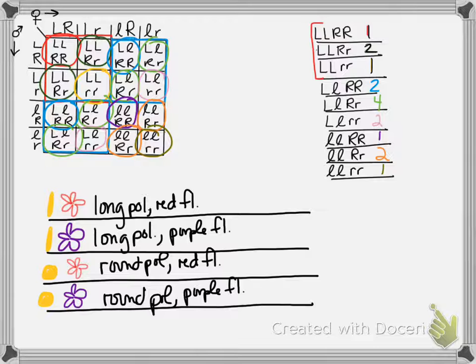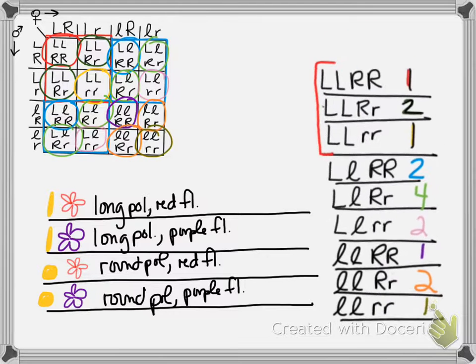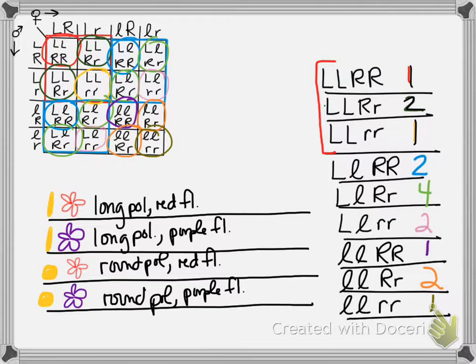Okay, so the only way to really do this is to look at each of those genotypes and ask yourself, is this long pollen or short pollen? And so if we start with all of these, let's start off by just asking, is there any pattern to the pollen size?